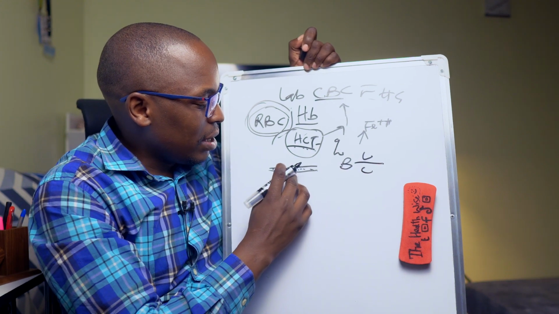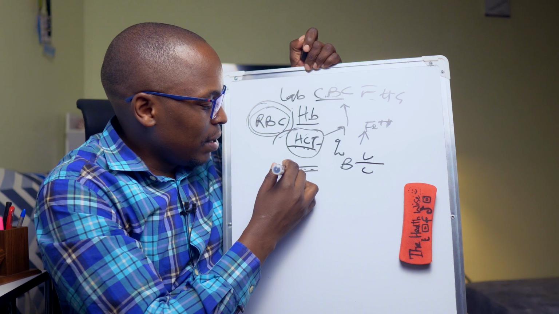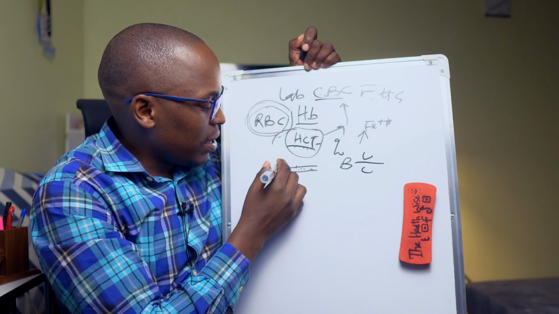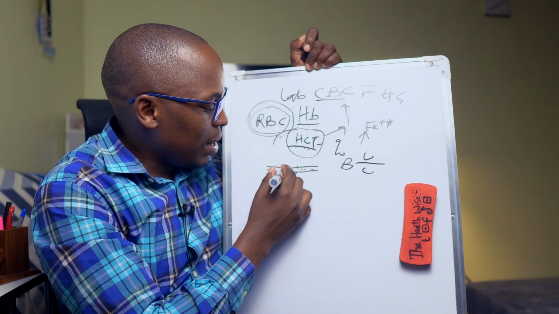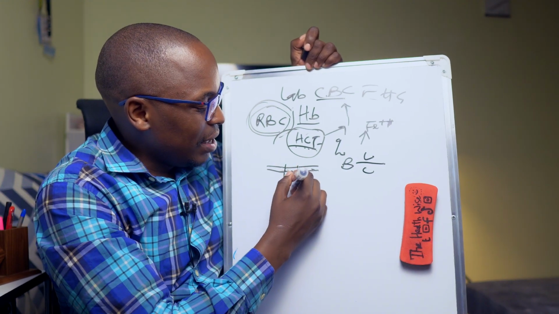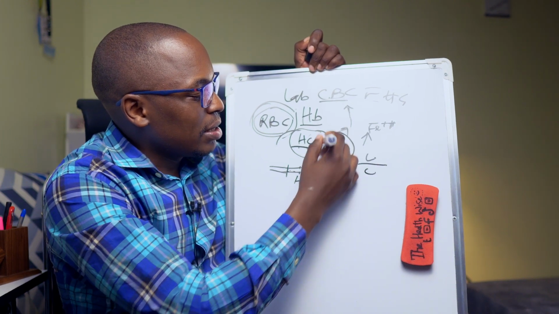In case you have an increase in the number of cells, so that the only thing you have here is the liquid part of your blood occupying just this, it means that the HCT value will be very high. And we said it's in percentage.